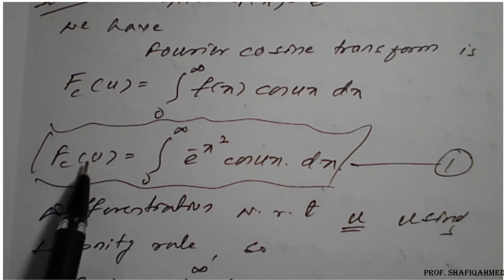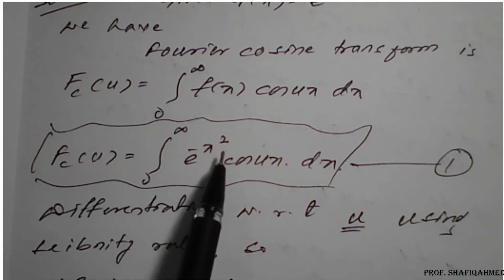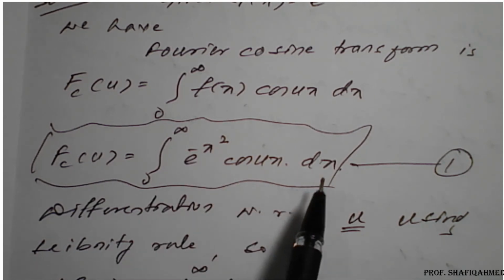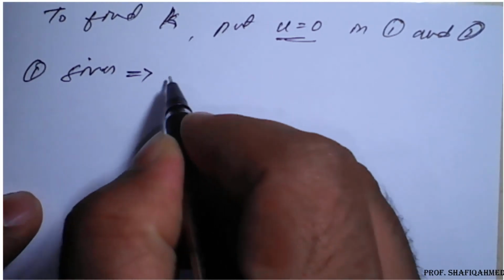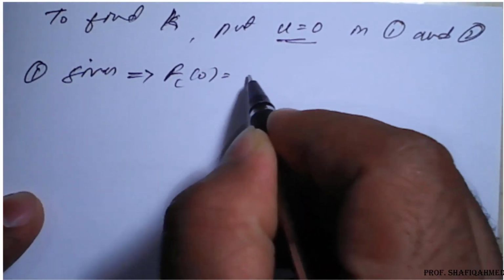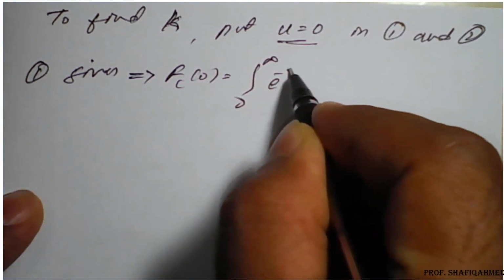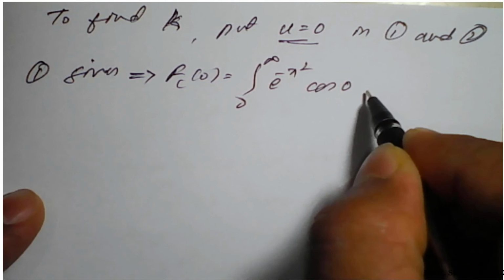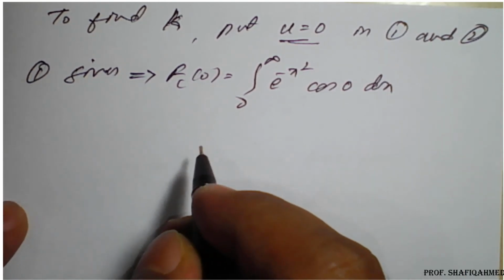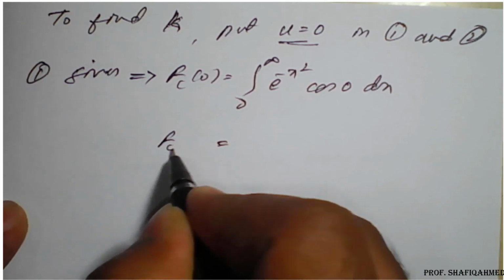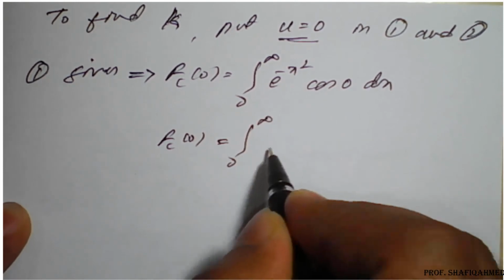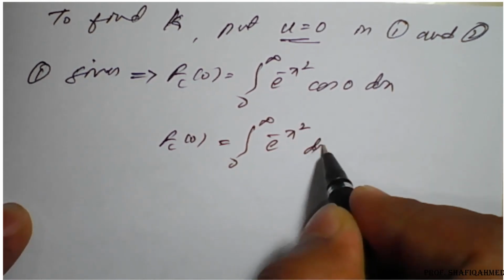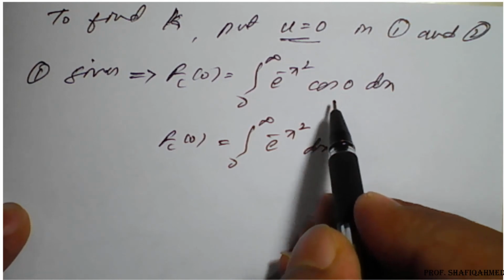If you put u is equal to 0 in 1, it will become f_c(0) is integration 0 to infinity e raised to minus x square into cos of 0 into dx, which is nothing but f_c(0) is equal to integration 0 to infinity e raised to minus x square into dx, because cos of 0 is 1.